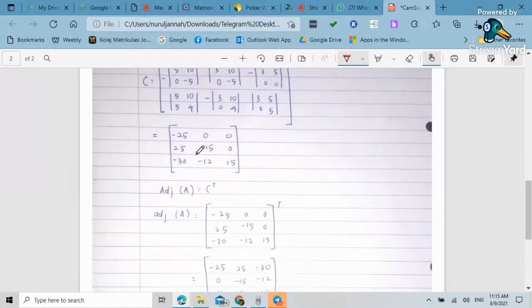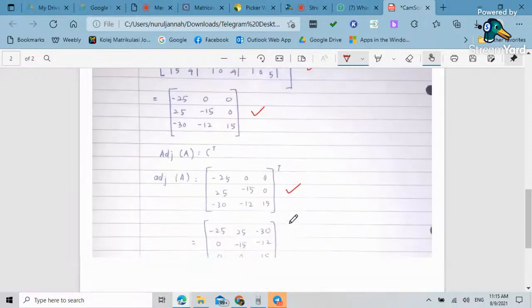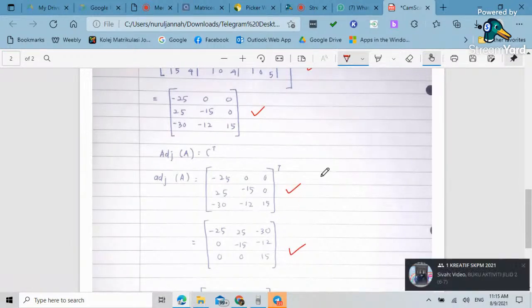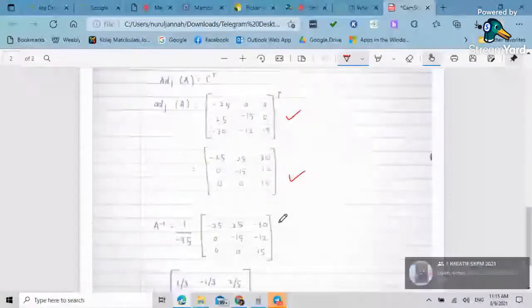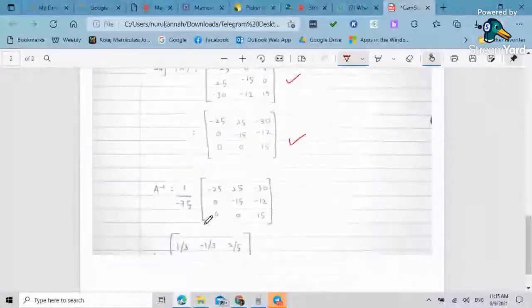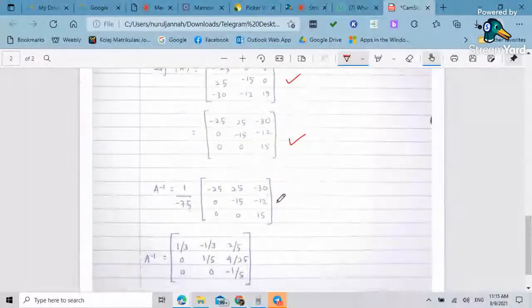After you find your cofactor, the adjoint is the cofactor transpose. So you need to transpose your cofactor: rows become columns, and then you will have your adjoint. To find the inverse, you use the formula: 1 over determinant A times adjoint. Then you will get the answer.